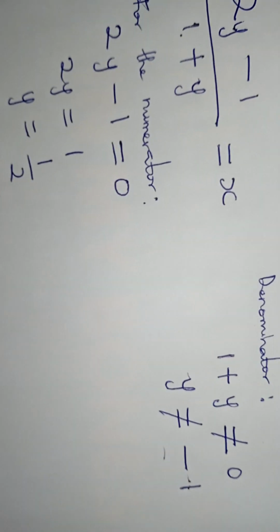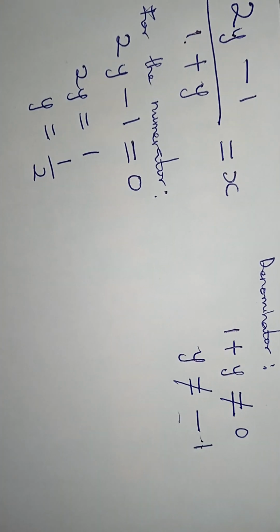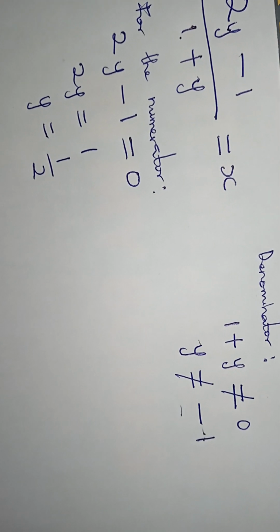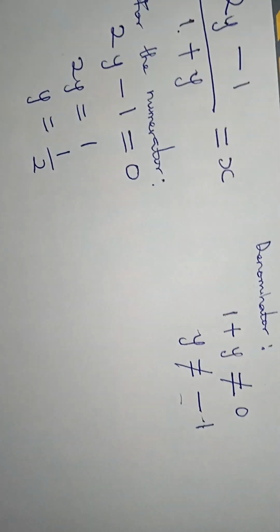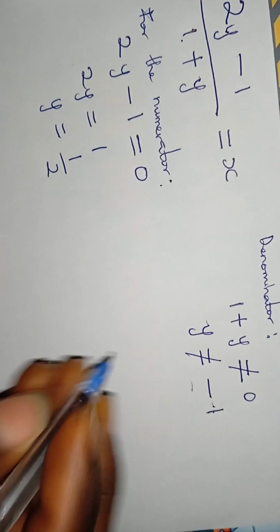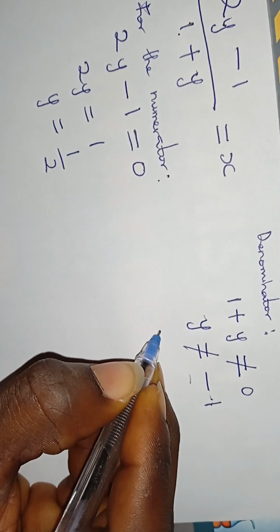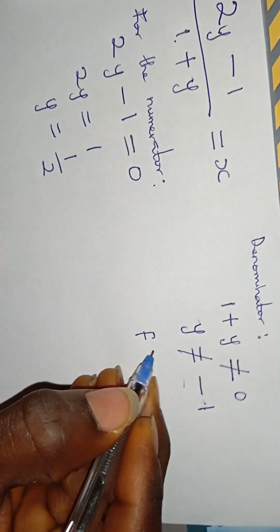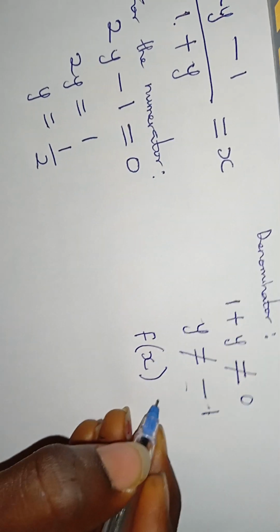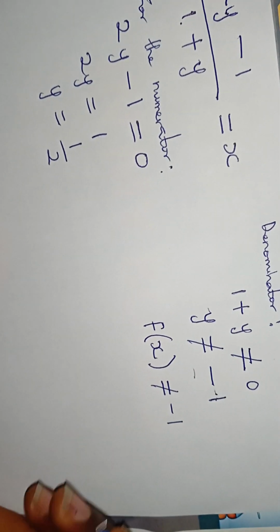So your range is simply minus 1. So that means that your y cannot be equal. If you are writing this for your range, it's simply saying f of x not equal to minus 1.